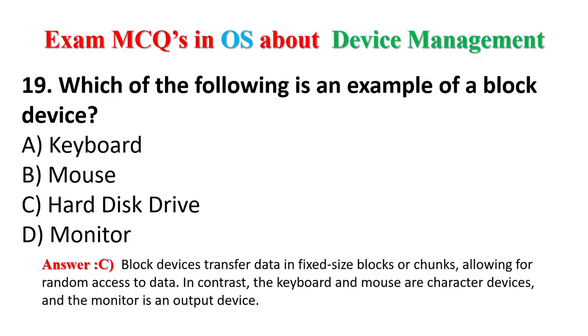The keyboard and the mouse are character devices, and the monitor is an output device. So the hard disk drive is a block device that transfers data in a fixed size.